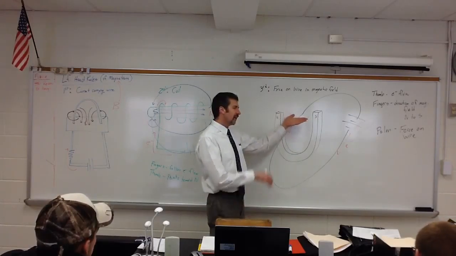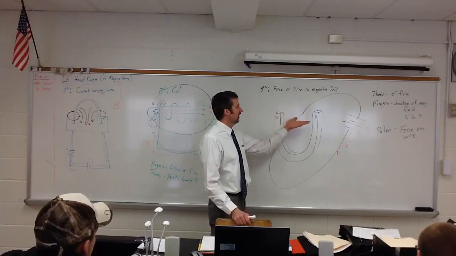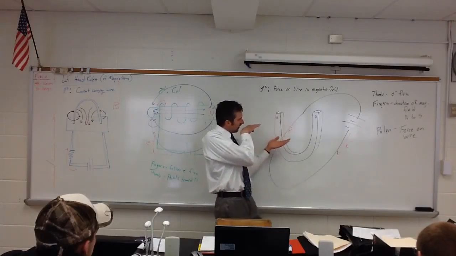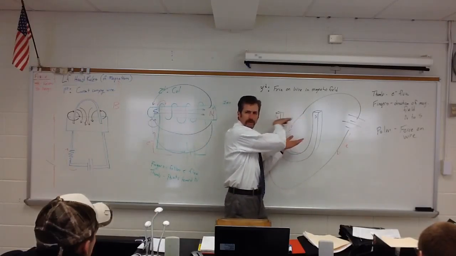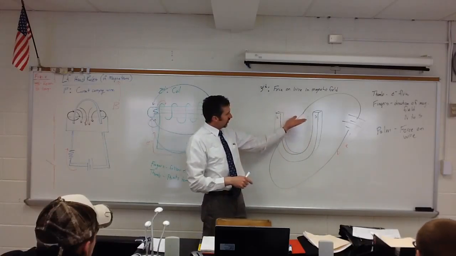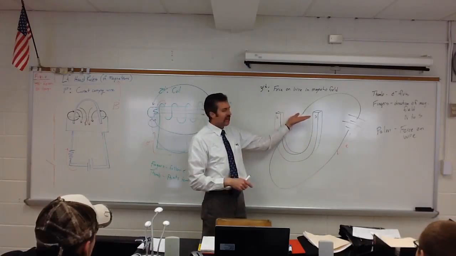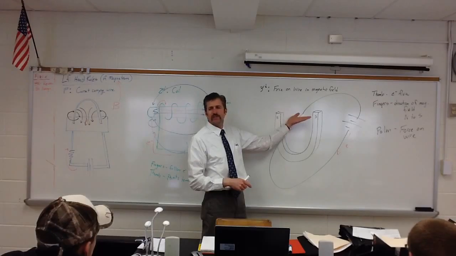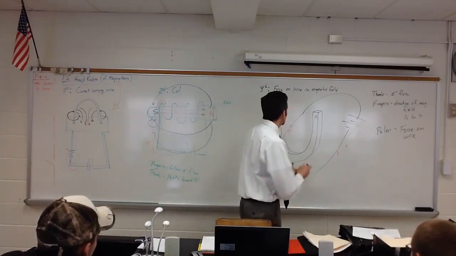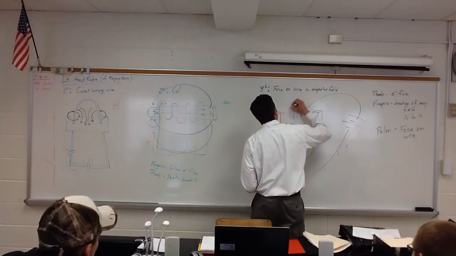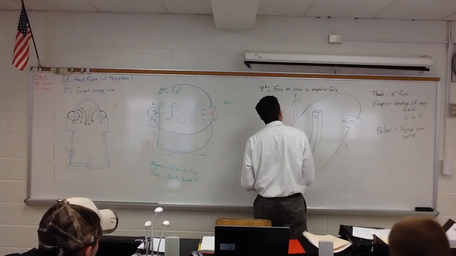And you've got to visualize this a little bit 3D, because this wire is almost going into the board, you know what I mean? So my thumb's going into the board, at an angle like that. My fingers are north to south. Which direction is my palm pointing? And if you can see that, you have just realized the direction of the force.